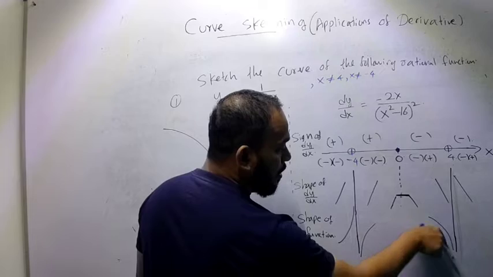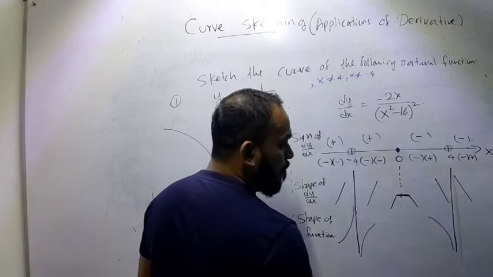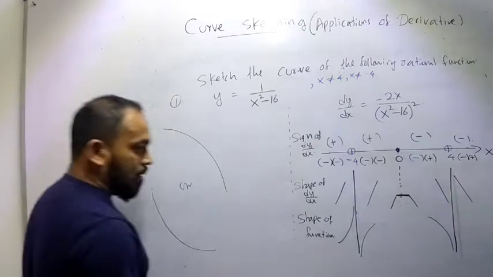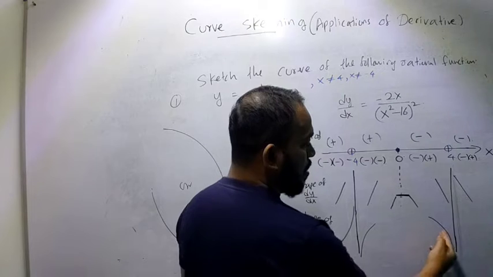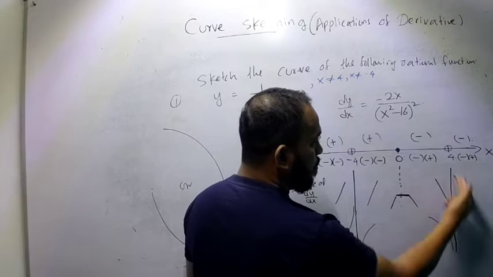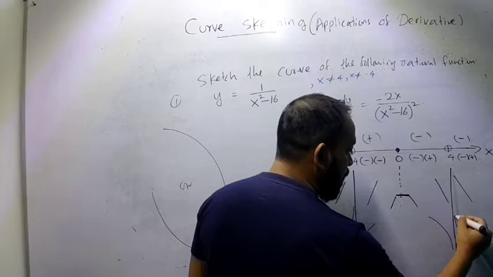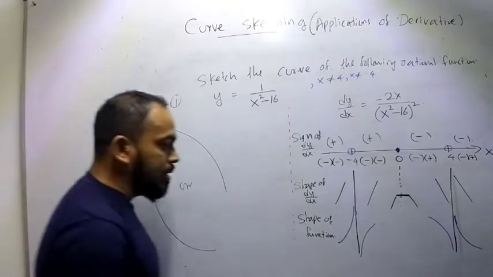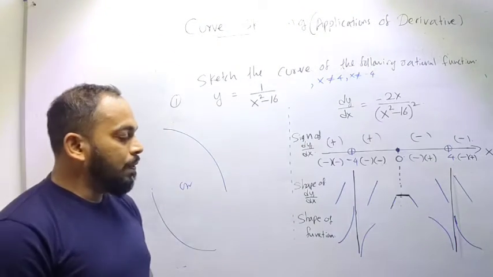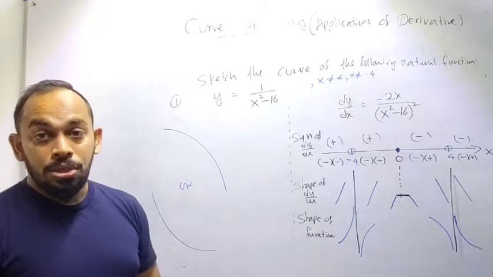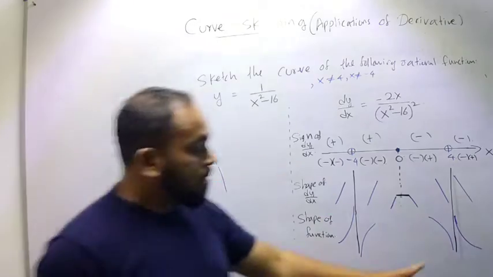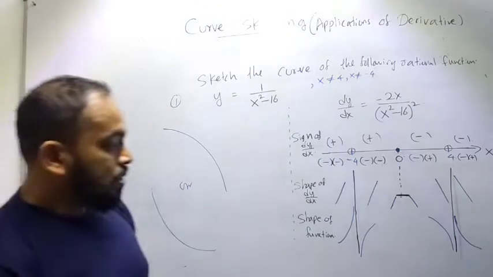The shape of the function beyond this point would be like this. Right, like this. We will discuss these in detail in the usual discussion. So this should be the shape of the function.